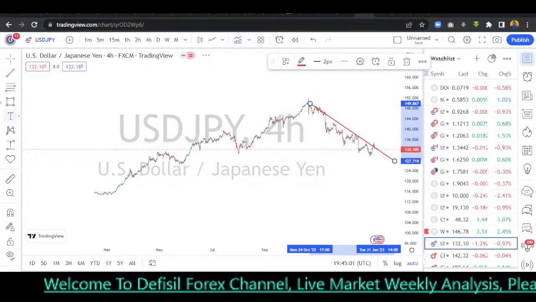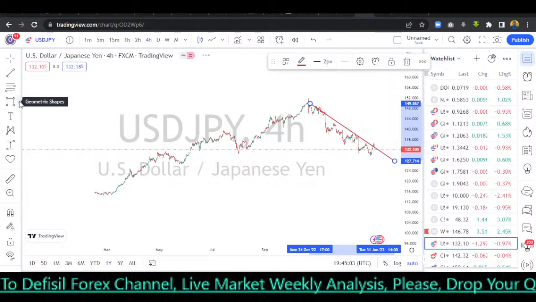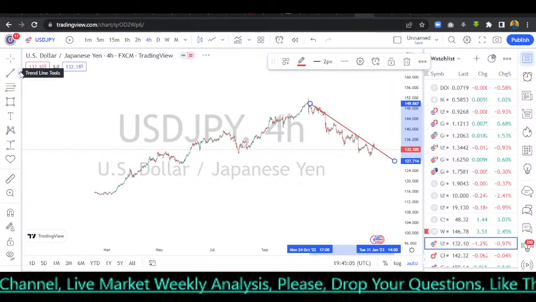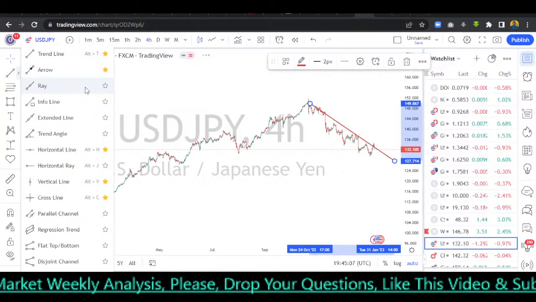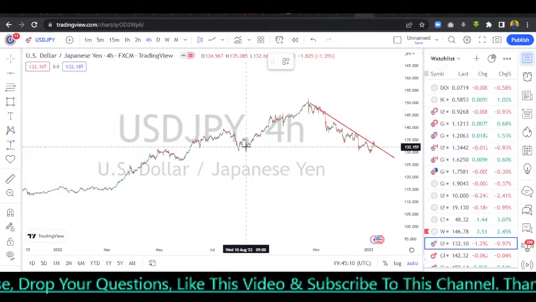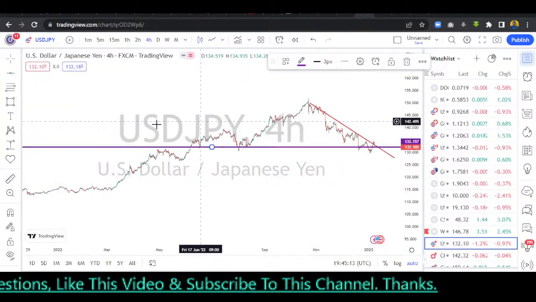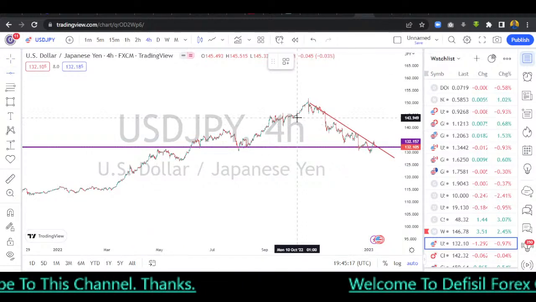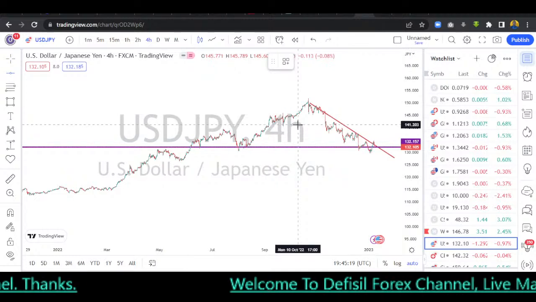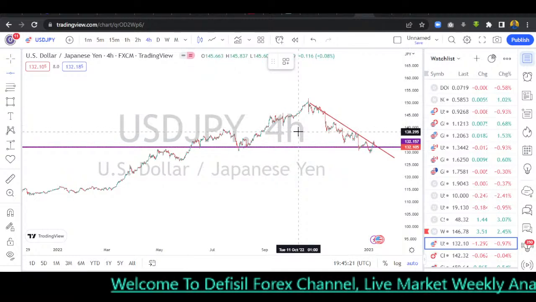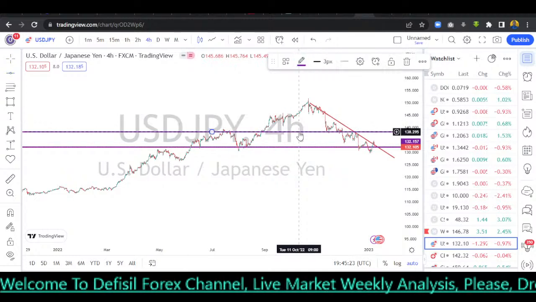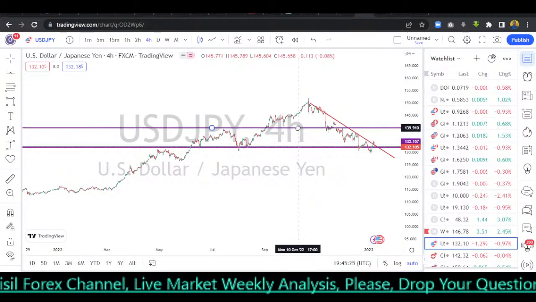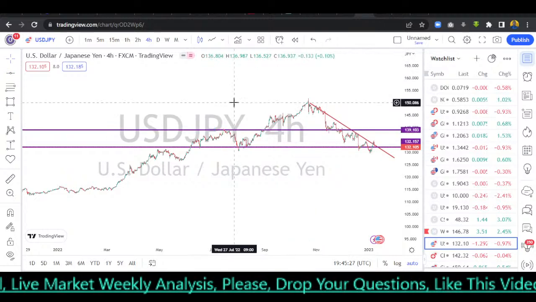Then let's look for one or two areas where we can plot our horizontal line. Then let's look for another upward one. We can just put one around here precisely. Yes, I think here is okay.